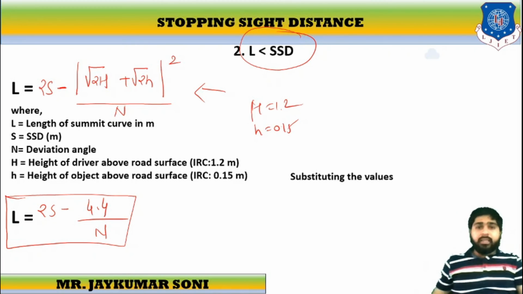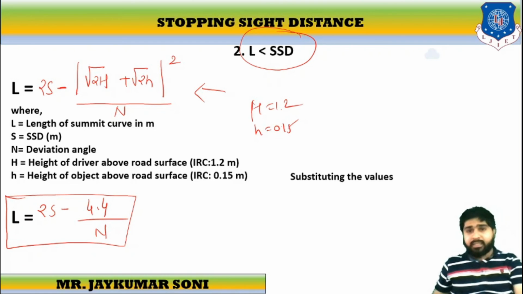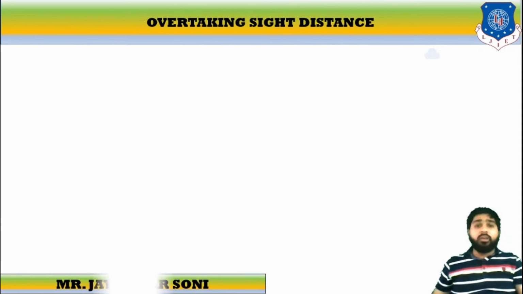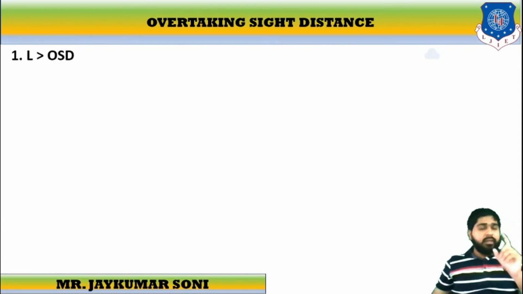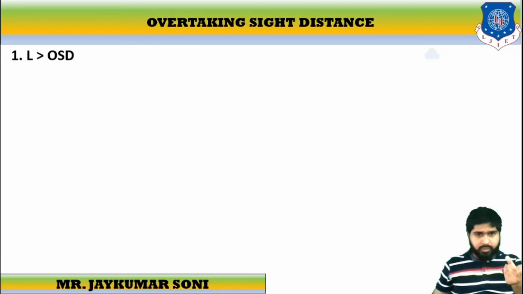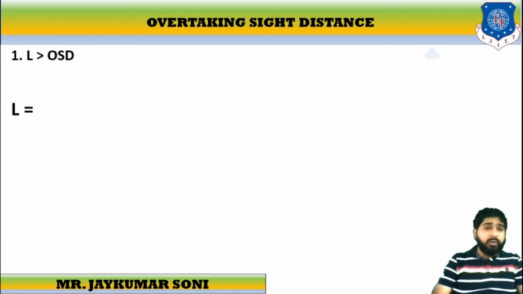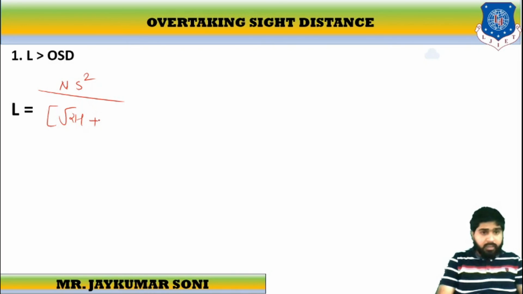Now we all know that there are two kinds of sight distances. We have learned about stopping sight distance. Now we will cover the overtaking sight distance. There are also two cases in OSD. The first case is where L is more than OSD. What was the basic equation for where L was more than SSD? It was N S square by (square root of 2H plus square root of small 2h) whole square.